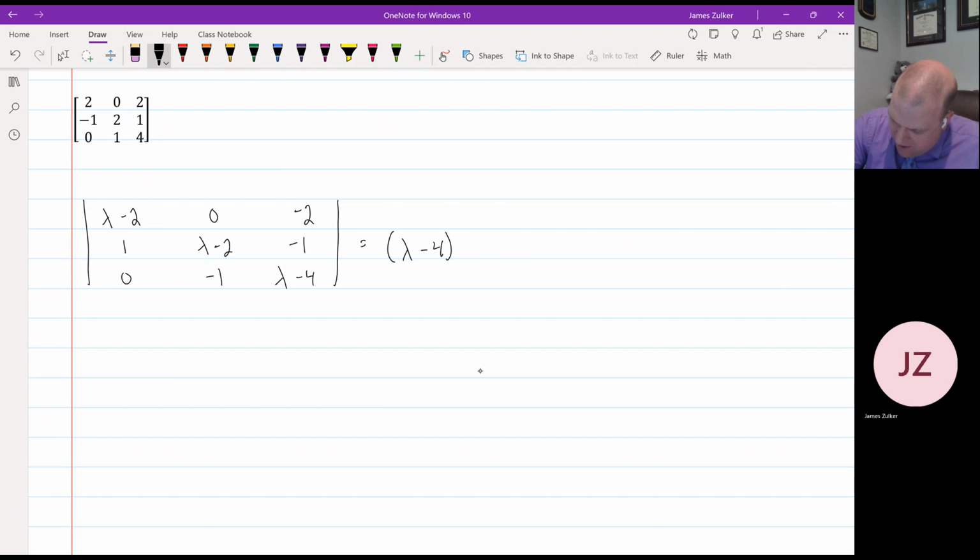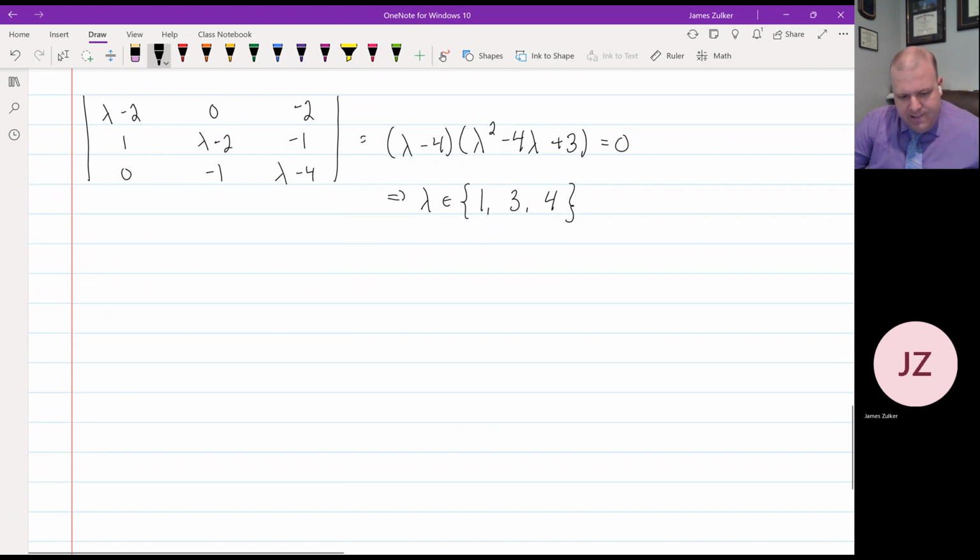We're going to get lambda minus 4 times lambda squared minus 4 lambda plus 3. Set that equal to 0, and we get that lambda is 1, 3, or 4. 3 eigenvalues for a 3 by 3 matrix. That means that we can diagonalize this matrix. It is guaranteed.